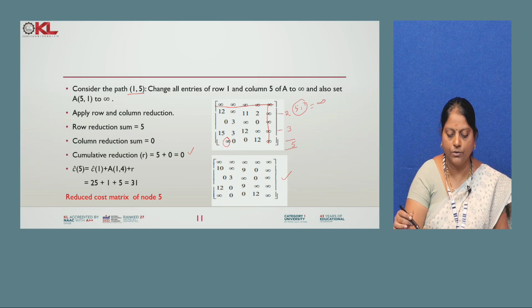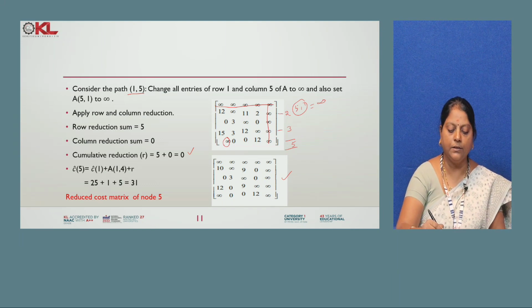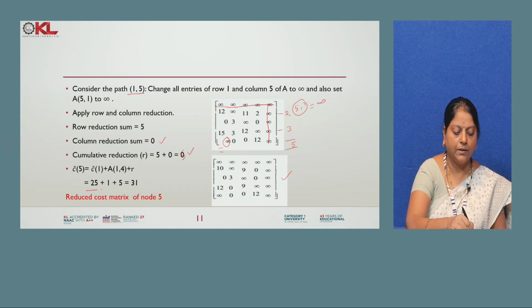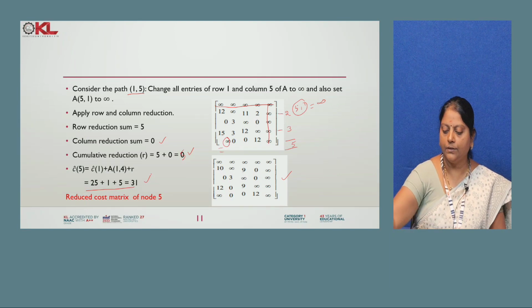Column reduction: every column has 0th elements, so there is no need for column reduction, so its value is 0. So the total reduction is 5 plus 0, that equal to 5. Next, cost of 5 equal to cost of 1 plus A of 1 comma 5 plus 5, that is 25 plus 1 plus 5, then we get 31.